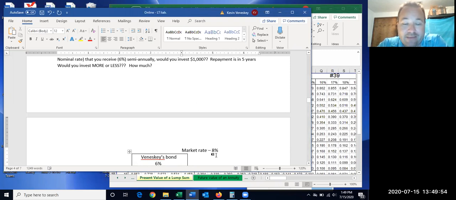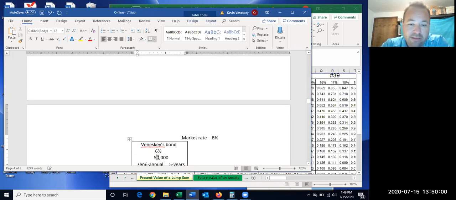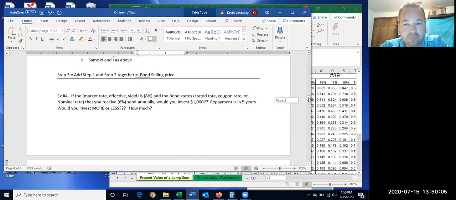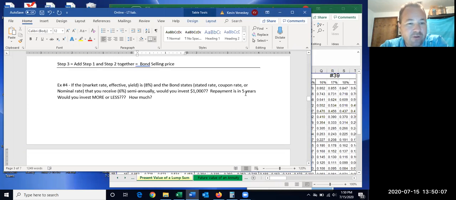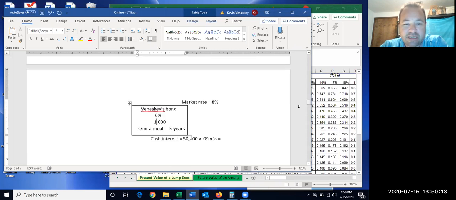That means I'm going to have to sell my bond at a discount. And our bond is $1,000 due in 5 years, paying semi-annual interest. And we're going to decide then how much do I need to sell my bond for.